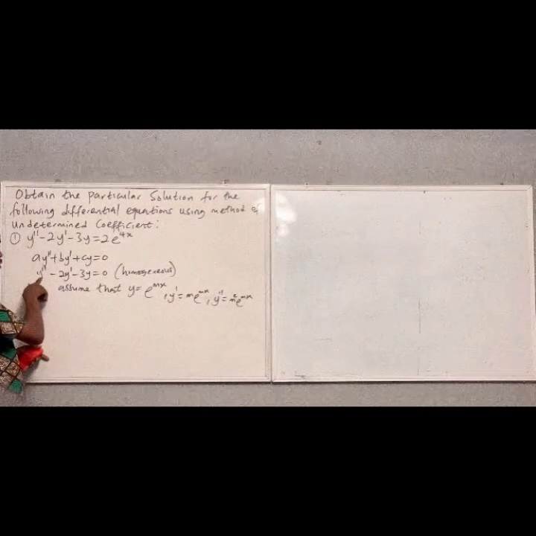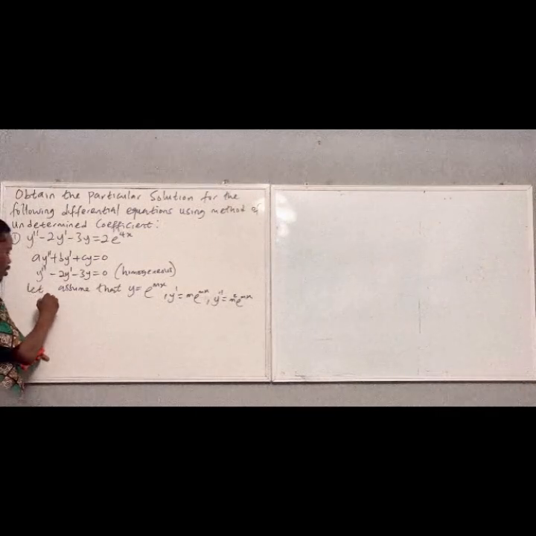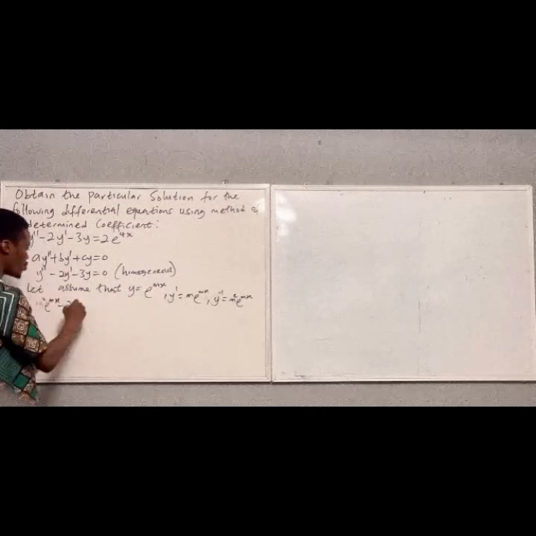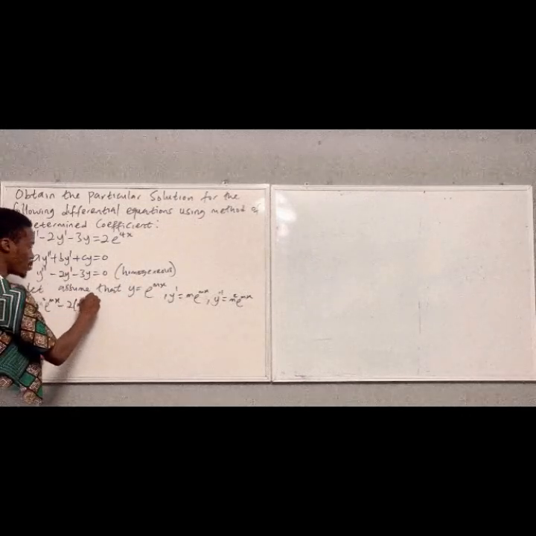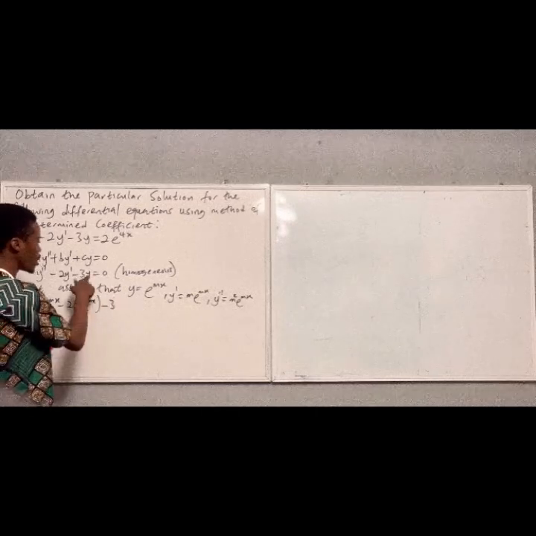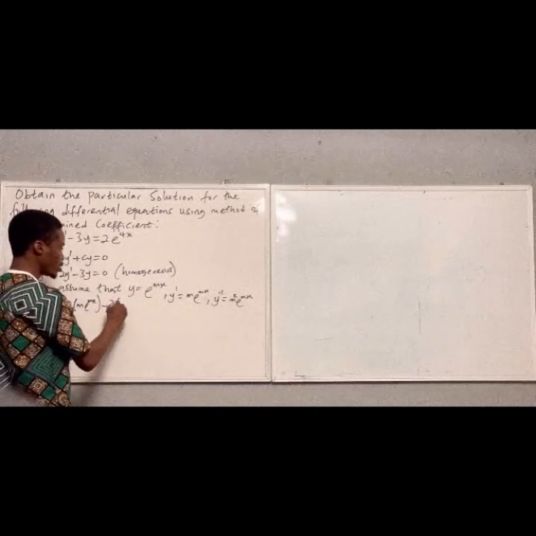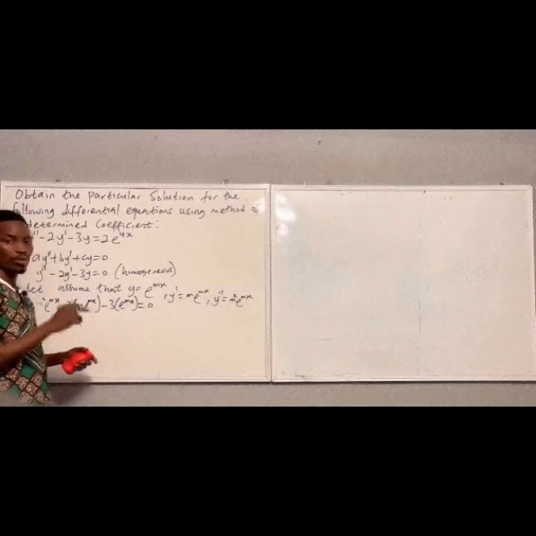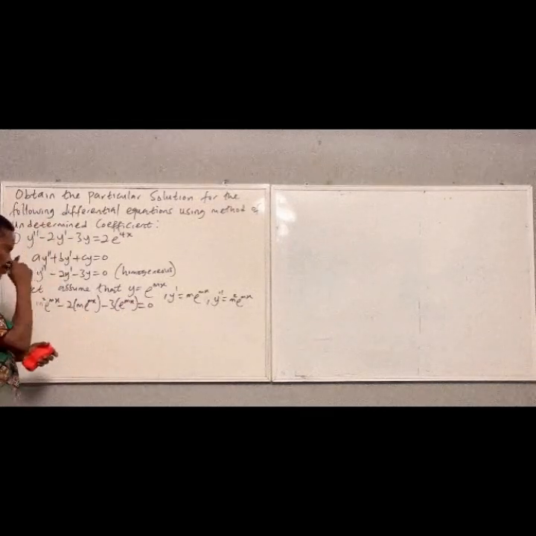Therefore, I'm going to have m squared exponential mx minus 2 times y prime. Our y prime is m exponential mx, minus 3 times y. My y is exponential mx, and this is equal to 0, because we have to solve the homogeneous part. So what is next?